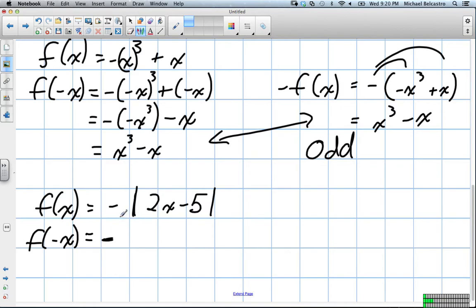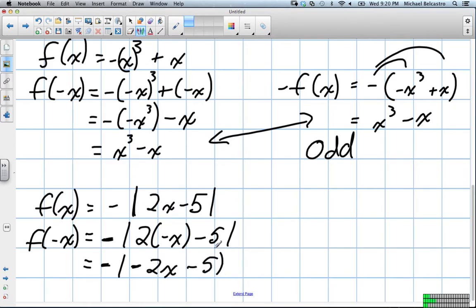Remember, absolute value is going to give us a positive answer, and then we're going to multiply it by a negative. But let's work this out first. This becomes 2 times negative x minus 5, absolute value. Negative x times 2 is going to give us negative 2x minus 5.